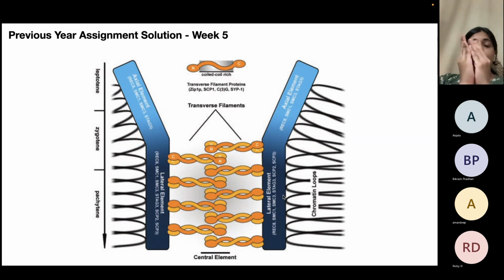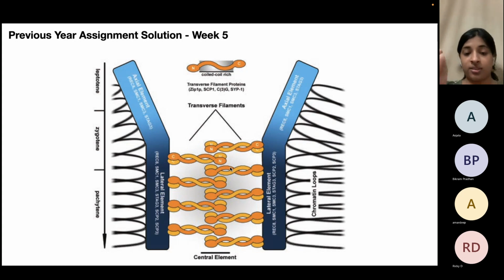Now, when the two homologous chromosomes recognize each other, there are these transverse filaments that are formed that connect one lateral element to the other, and then they are pulled together, forming a very close synaptic junction, which sets the stage for homologous recombination. These transverse filaments are formed by a large number of proteins.